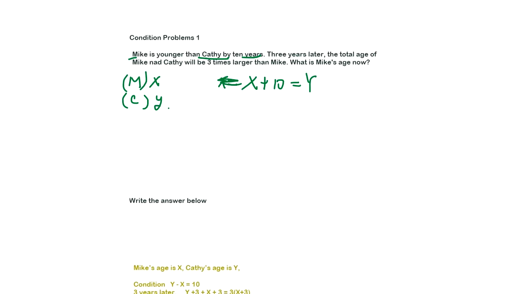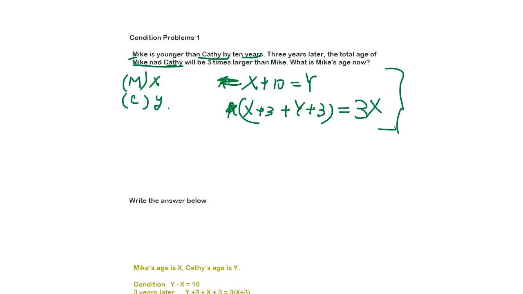And 3 years later, Mike and Cassie's total age will be 3 times larger than Mike's. So Mike plus 3 plus Cassie plus 3 is going to be 3 times Mike, who is currently X. Here you go.